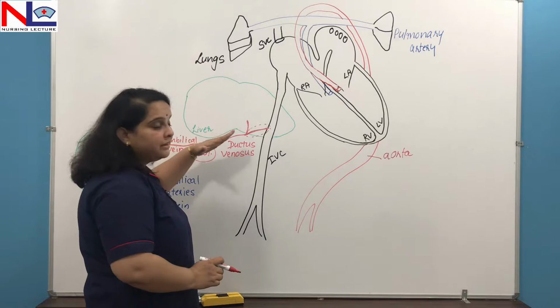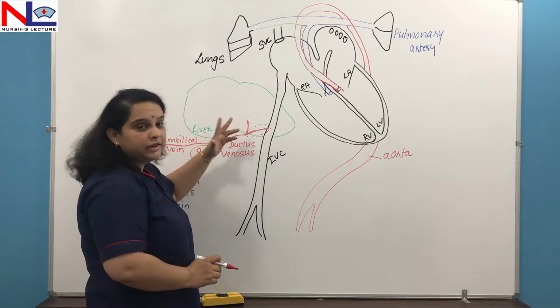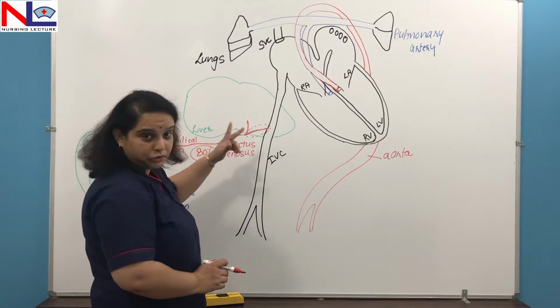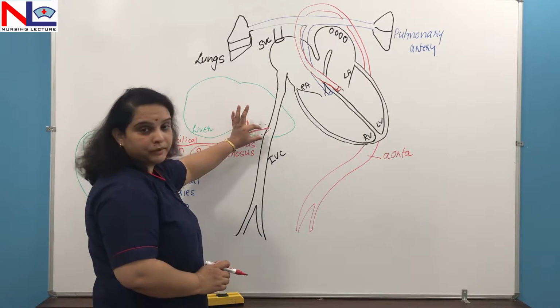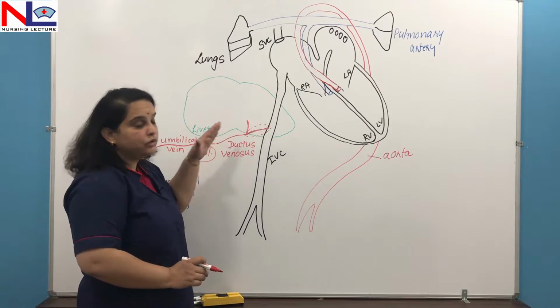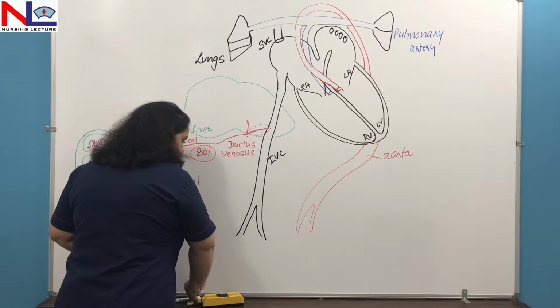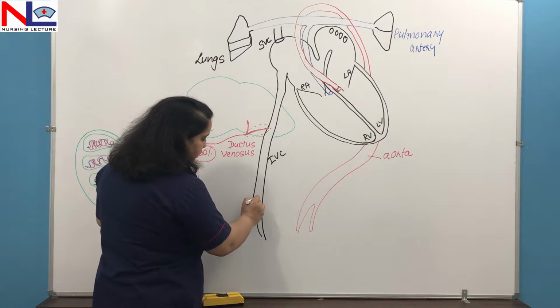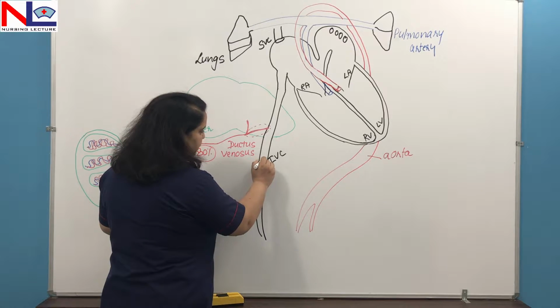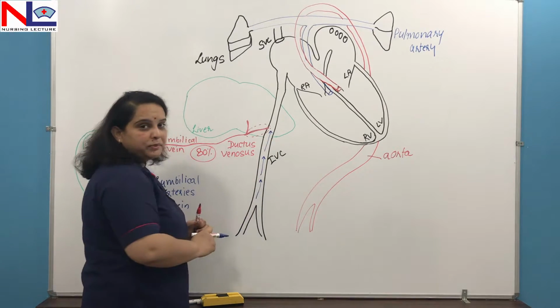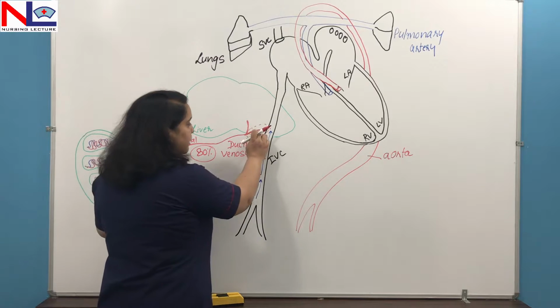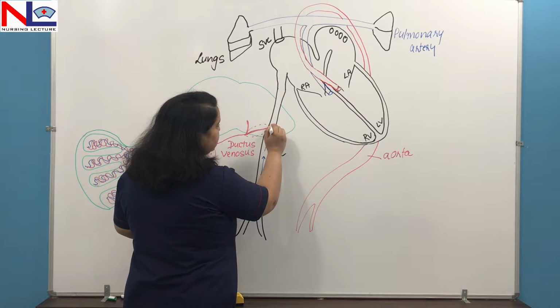So when it runs transversely across the liver, it bifurcates into two, and the major amount of blood flow directly enters the inferior vena cava. As we know, in this inferior vena cava there is already deoxygenated blood which flows from the lower portion of the body, and from this umbilical vein what mixes here?